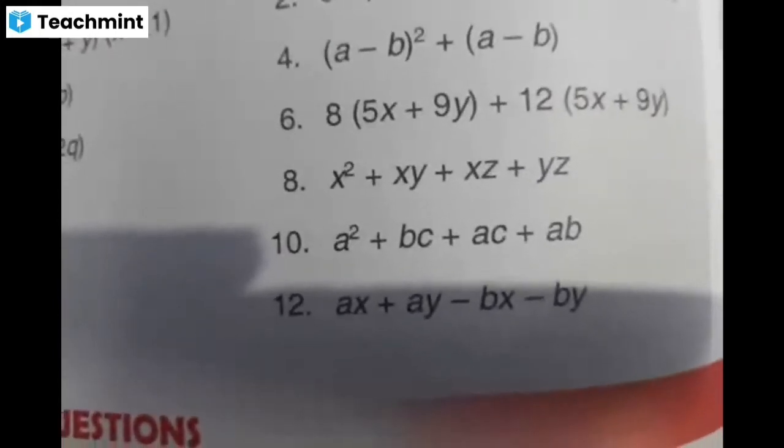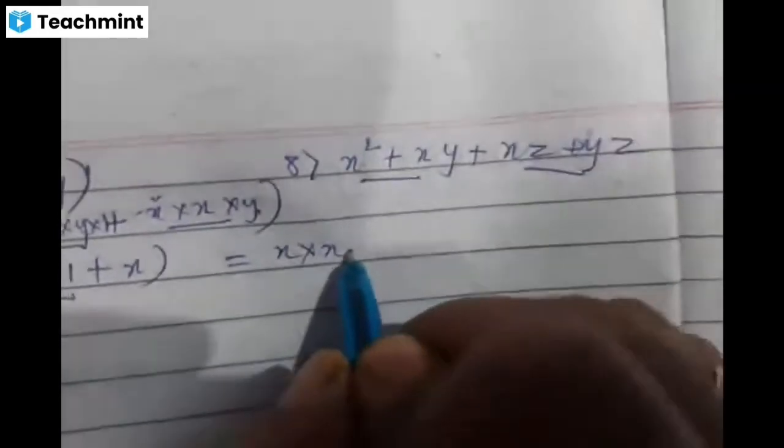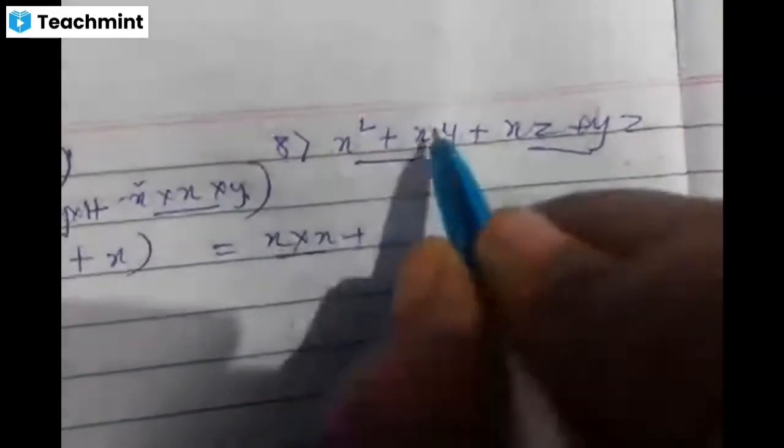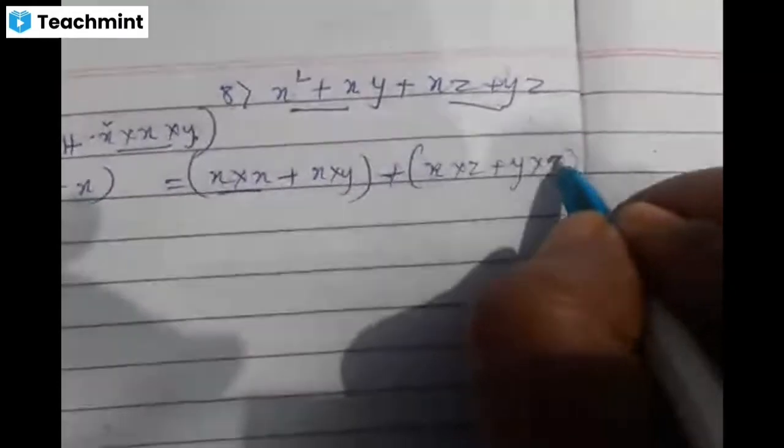x square plus xy plus xz plus yz. Here also children, we have to regroup or group them. We get, this step what I write now can be skipped children. So x square can be written as x into x. This is one term. This xy, x into y plus x into z plus y into z.